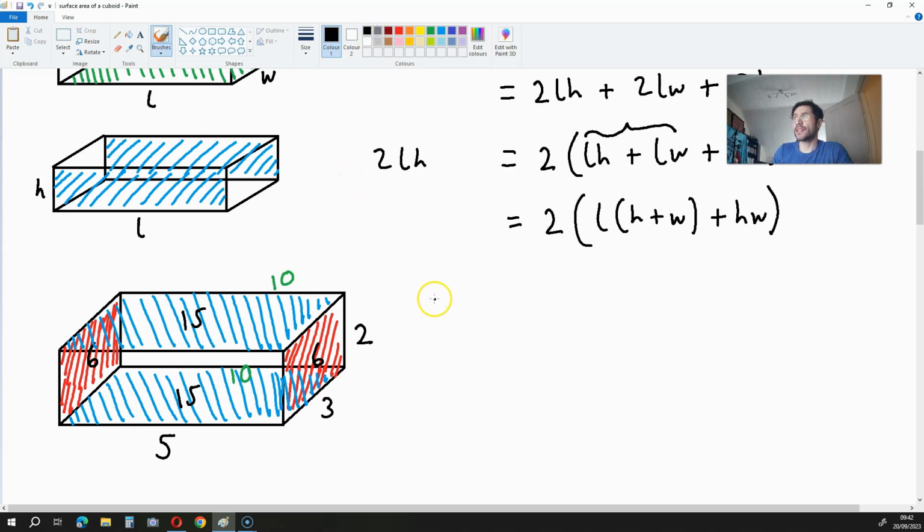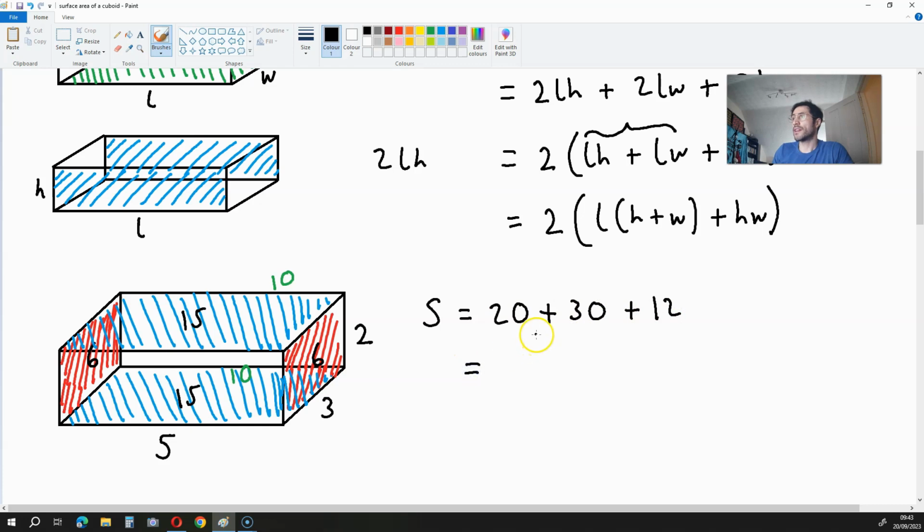This means that the surface area of this cuboid will be 2 times 10, which is 20, plus 2 times 15, which is 30, plus 2 times 6, which is 12.